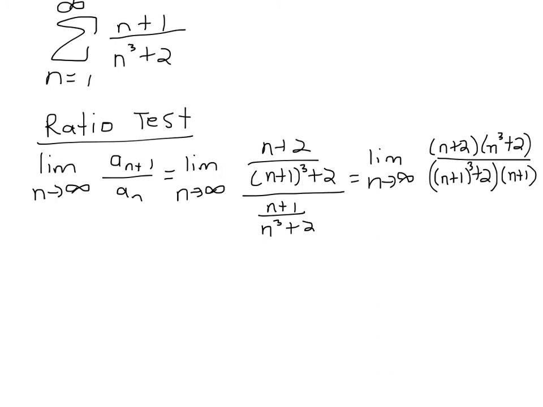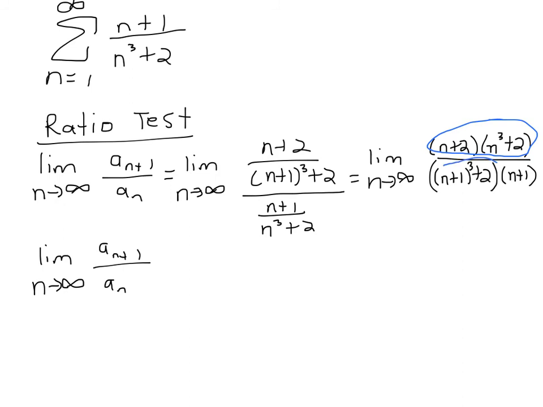Now, this looks quite hideous, but if I look very carefully at what is going on here, the numerator, if I were to multiply out all of these terms, I'm not going to, but if I did, I'd wind up with a quartic polynomial with a lead coefficient of 1.